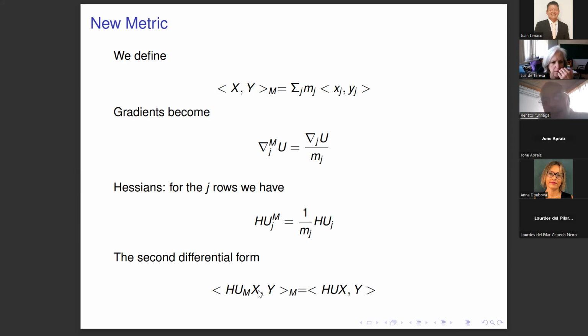Either you calculate the Hessian in the metric M and then pair it with the inner product in the metric M, or you use the Hessian in the standard way with the standard product. In the Hessian you are dividing by m_j, and in the product you are multiplying by m_j, so this cancels. So the second differential forms are the same, but you have different endomorphisms for the Hessians.